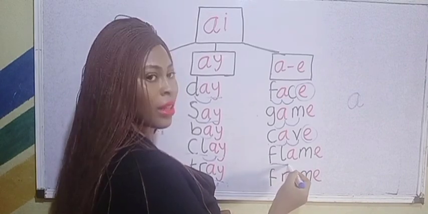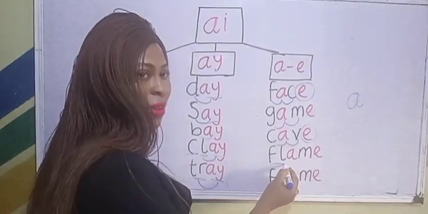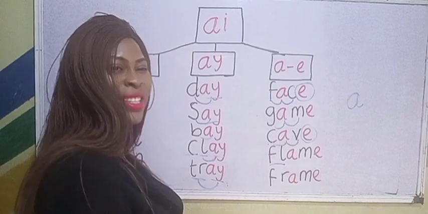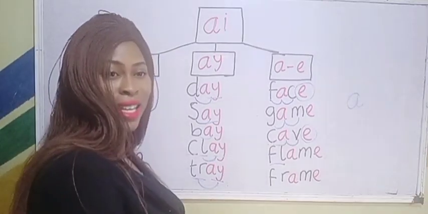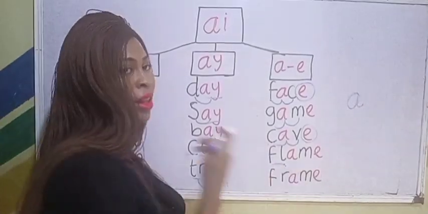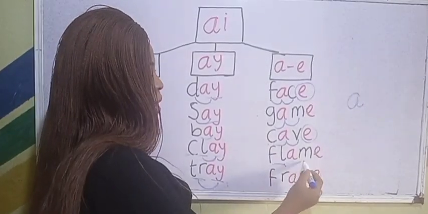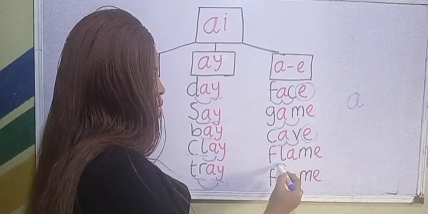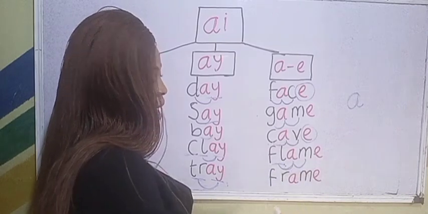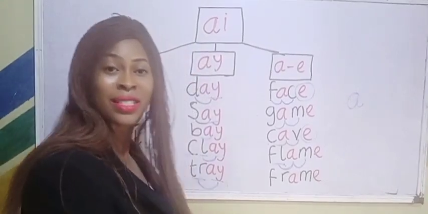Now we have the consonant digraph where we have FL together. Okay, we call it consonant cluster or consonant digraph. So now let's pronounce it. We have a m. So now let's do this. Flame. Flame. Let's move on to the last word for today.